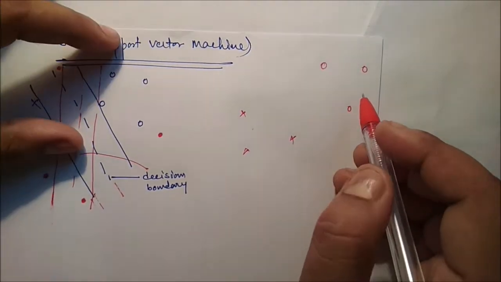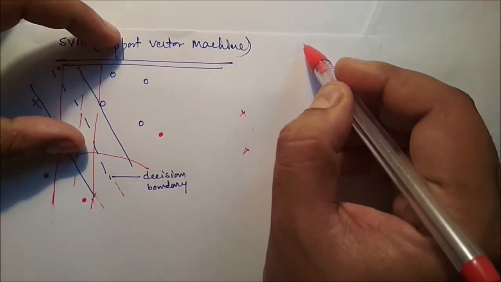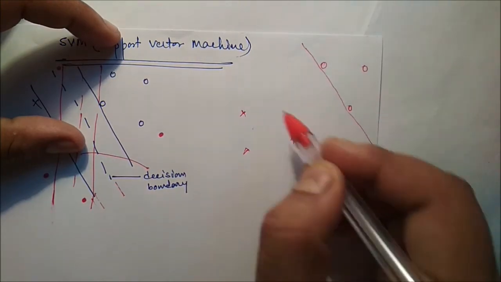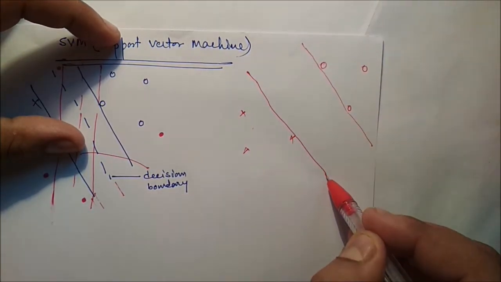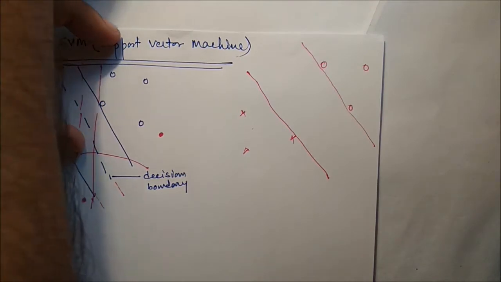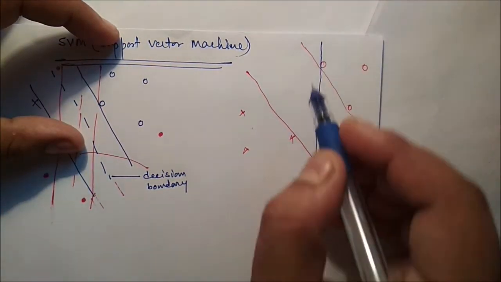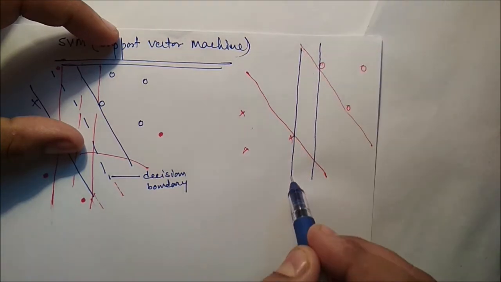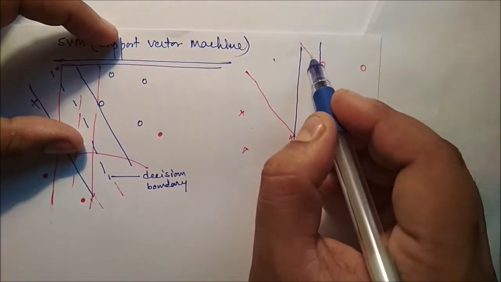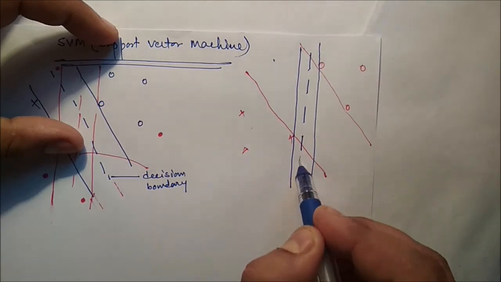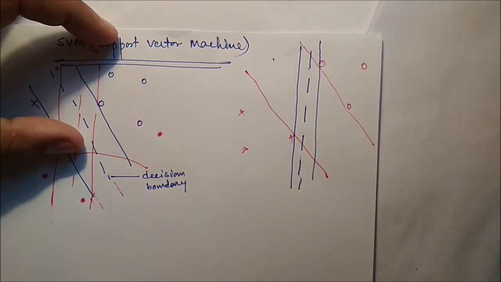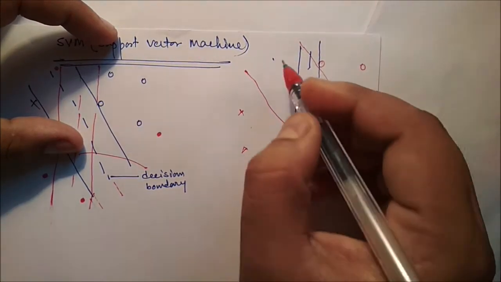One hyperplane may be like this, and another hyperplane may be this one. This is one decision boundary, and in this case the decision boundary is this one.